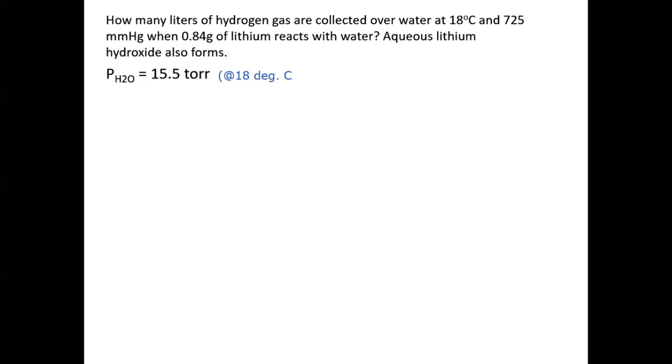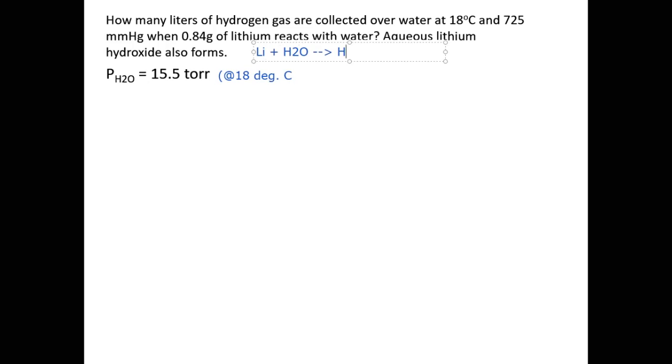So the first thing we always need is a balanced chemical equation. So when lithium reacts with water, lithium plus water gives us hydrogen gas plus aqueous lithium hydroxide. So we have one oxygen, we have 3 hydrogen, 2 hydrogen.